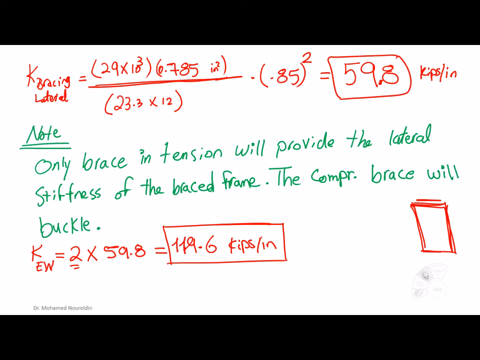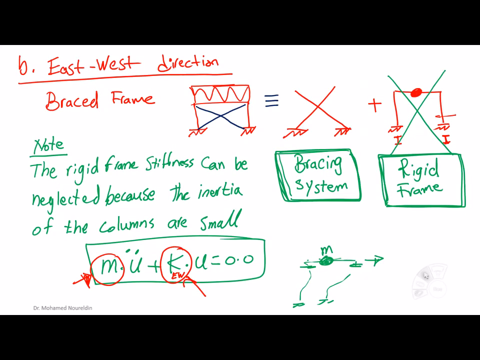Let's make a very small exercise. Do you remember when I was telling about the rigid frame that is not going to contribute, and I put a note here that we said the rigid frame stiffness can be neglected because the inertia of the columns is small? Do you remember this?